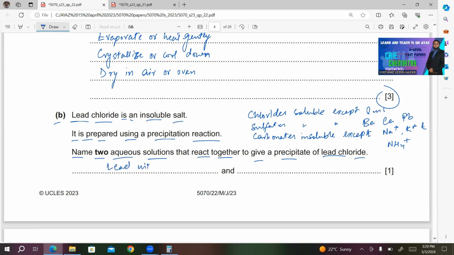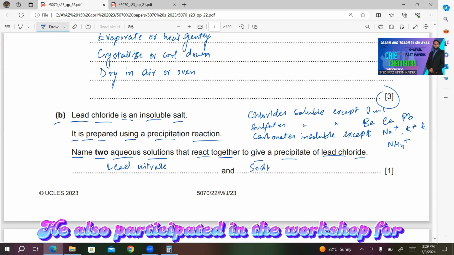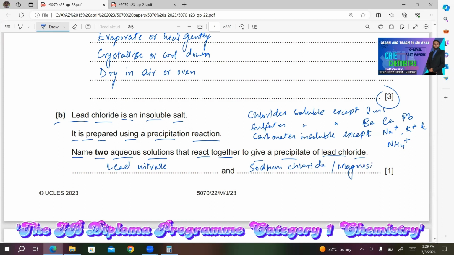One of the salts must be nitrate, and then you have to react it with any soluble chloride like sodium chloride, magnesium chloride, etc. You can take even calcium chloride.